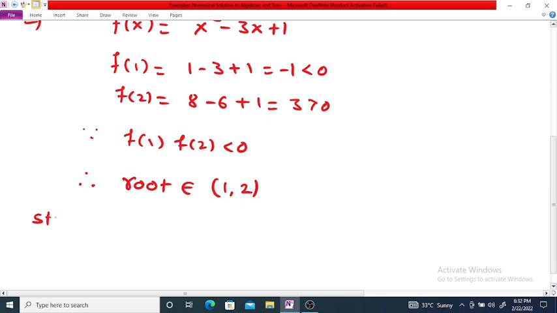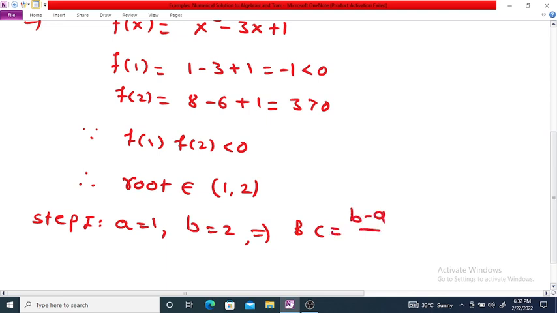So now step first: we select a is equal to 1, b is equal to 2, and c is equal to a plus b divided by 2. So 1 plus 2 divided by 2 is equal to 1.5.